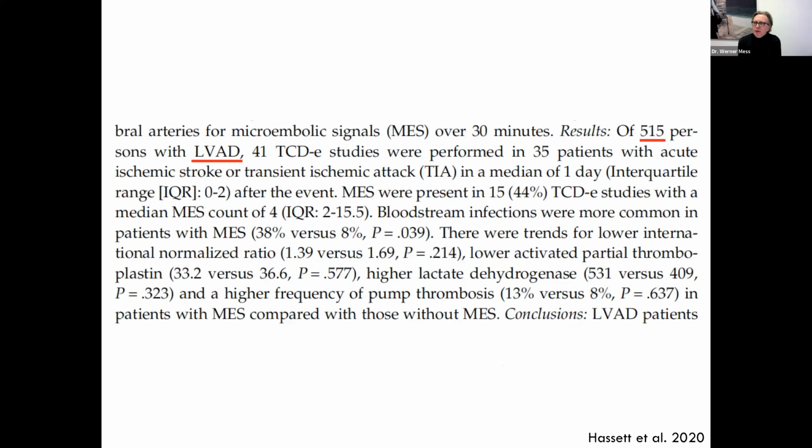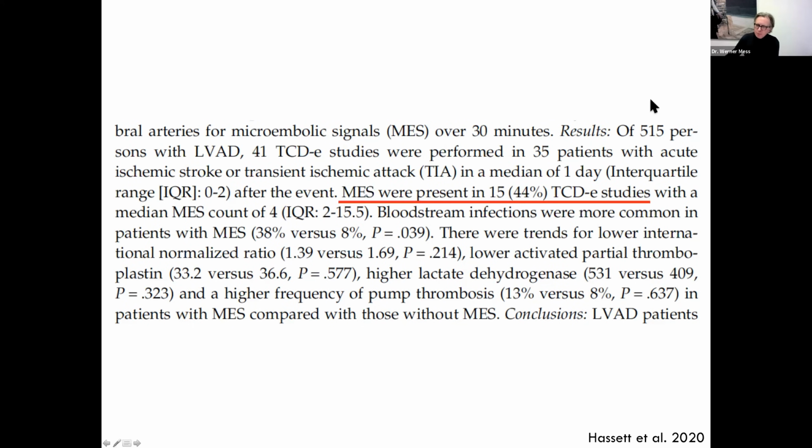But embolus detection as a surrogate marker is by no means exclusively used in carotid stenting, but also, for example, in patients with a left ventricular assist device, LVAD. So this is a study on more than 500 patients, and they encountered strokes or TIAs in 41 patients, and in a considerable portion of these patients, they were able to measure microembolic signals.